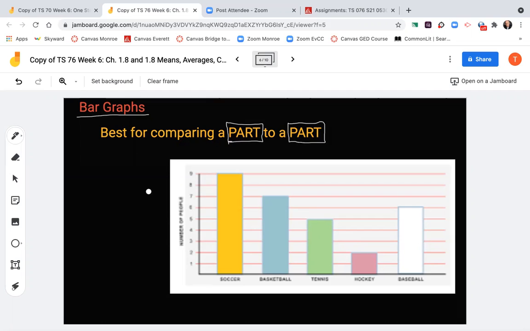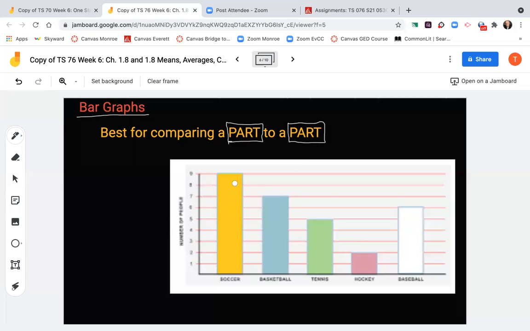Let's say we're asking people in a survey their favorite sport. This is soccer, and you've got basketball, tennis, hockey, and baseball. The reason this is nice to use a bar graph is I can look at the parts really easily and see how they compare to the other parts.